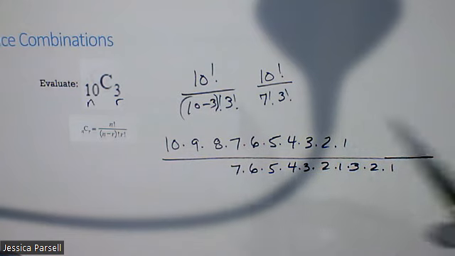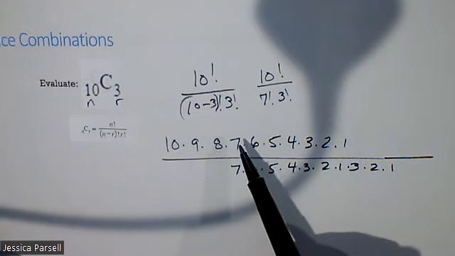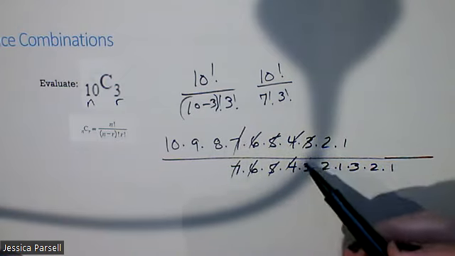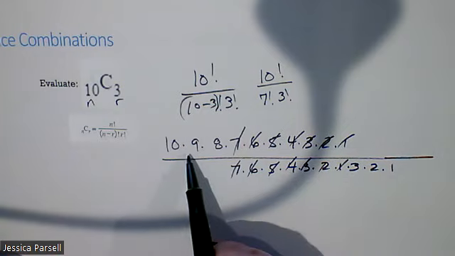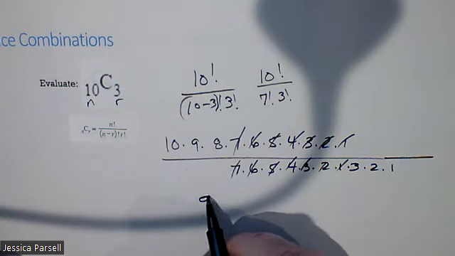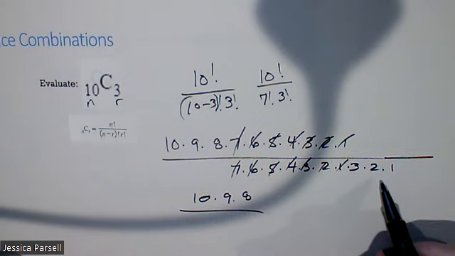Okay, so when they start getting kind of long like this, notice I started my 7 factorial here underneath where 7 started here, so that you have an easier time doing your canceling, which I love. So we're up to 10 times 9 times 8 up top, over 3 times 2 times 1.